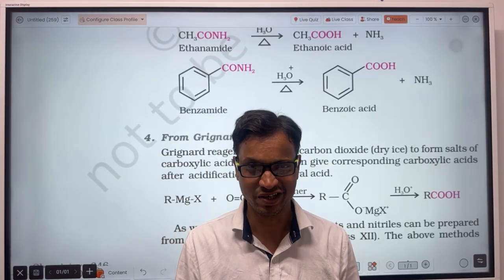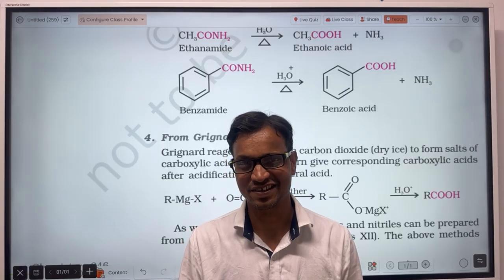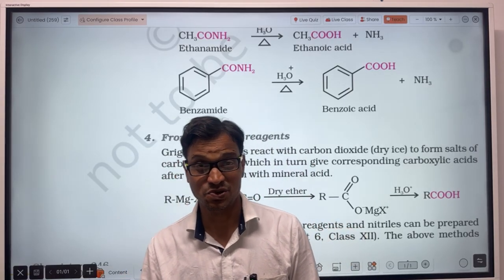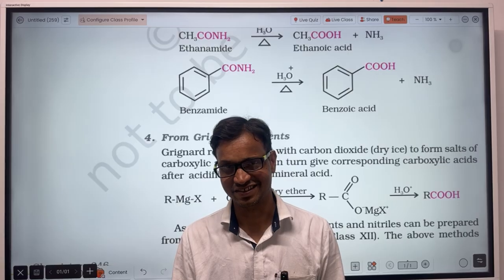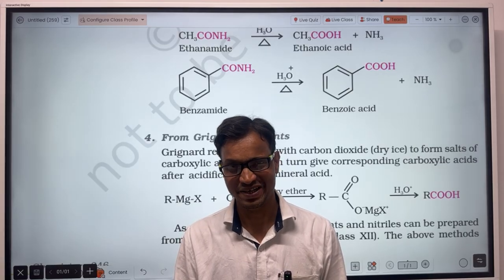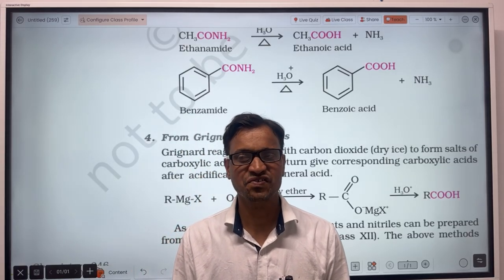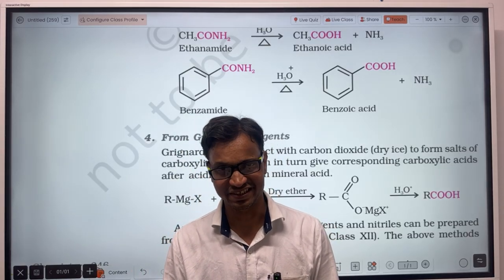Both oxygens bonded to the carbon will lie opposite to each other, and there is no lone pair of electrons at the carbon atom, so there will also be no bending of the bond. So that's why the shape of the CO2 molecule is linear.